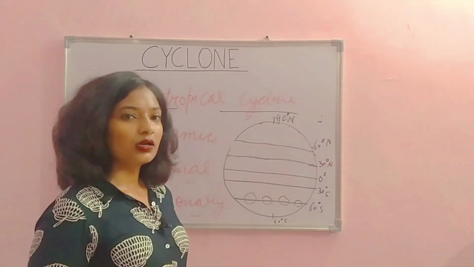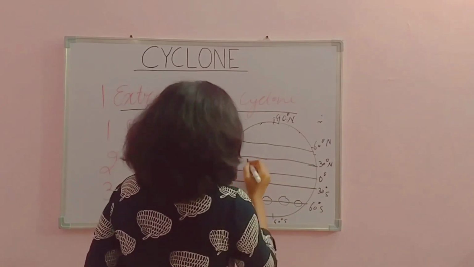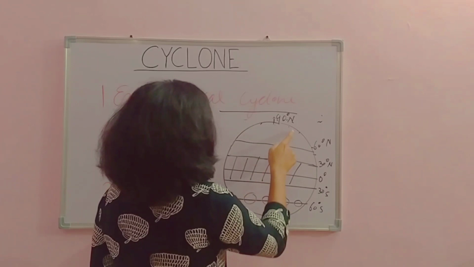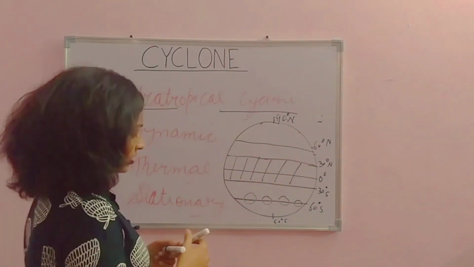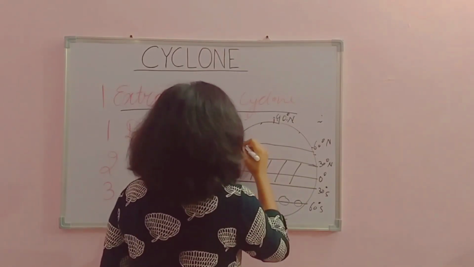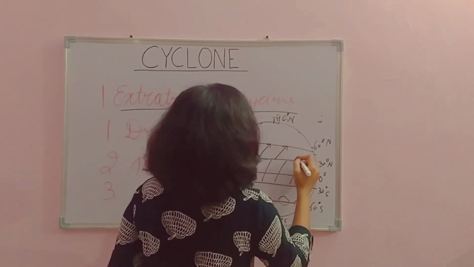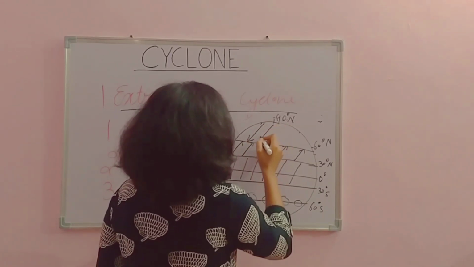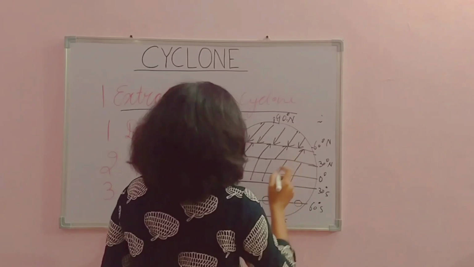Let's understand what is dynamic cyclone. This region is known as the tropical region, and this region is known as the mid-latitude or extratropical region. Here, what is happening in dynamic cyclone, the wind mass which is warm and moist and coming from the subtropical region in southwest direction is converging over 35 to 65 degrees north-south latitude.